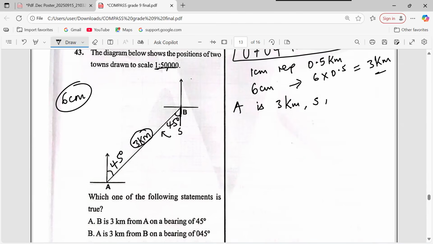So from south, 45 towards west. That is the bearing.